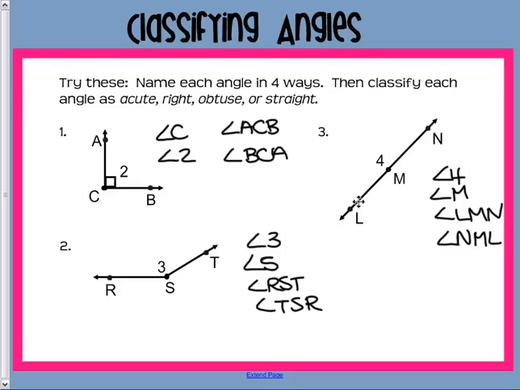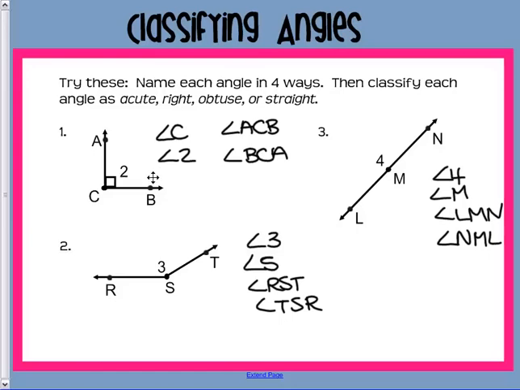Okay, number 1 would be what kind of an angle? Think about it. It would be a right angle. So right angle. Our number 2 would be an obtuse angle. Okay, so obtuse. And then number 3 would be a straight line.